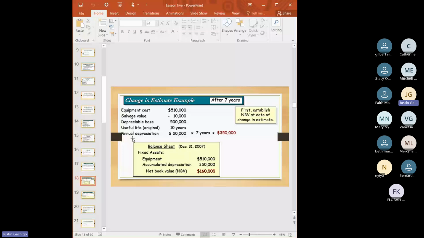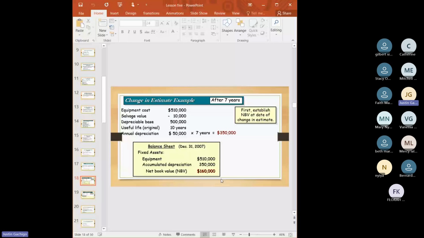The annual depreciation is 50,000, and it has depreciated for 7 years. So you multiply by 7 years to get 350. So in this case, you realize that the net book value will be 510 minus 350 to get to 160. So 160 is the net book value after 7 years.